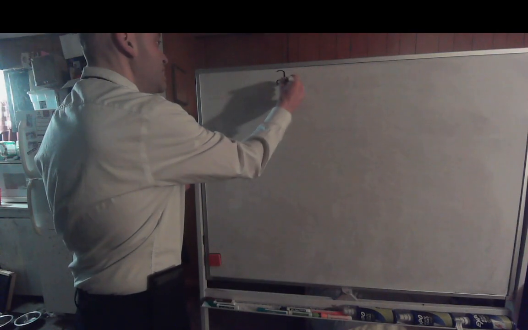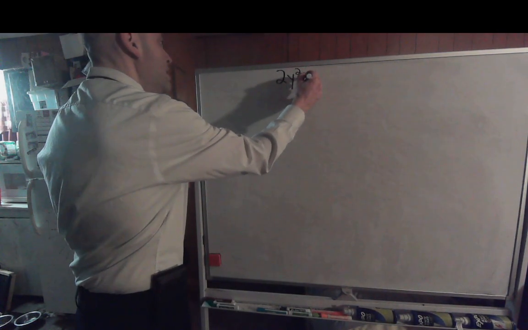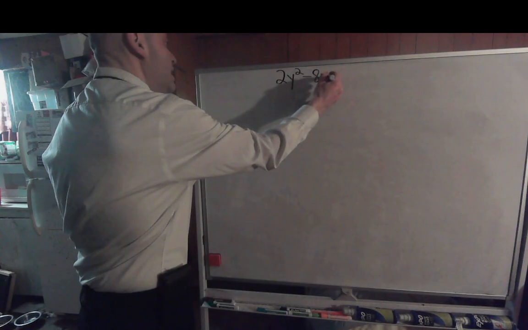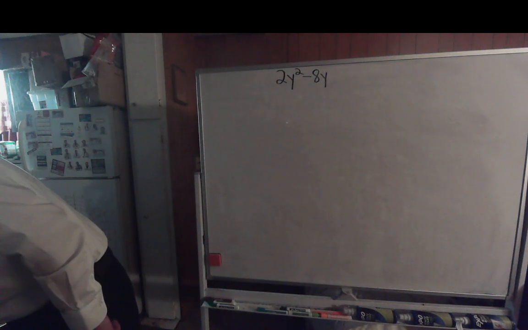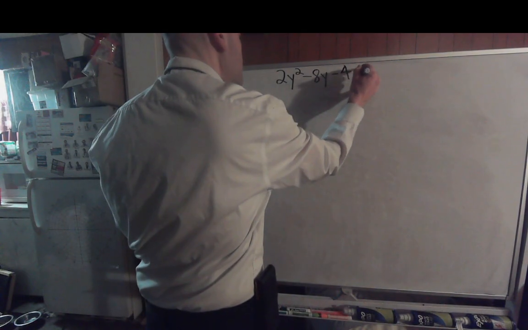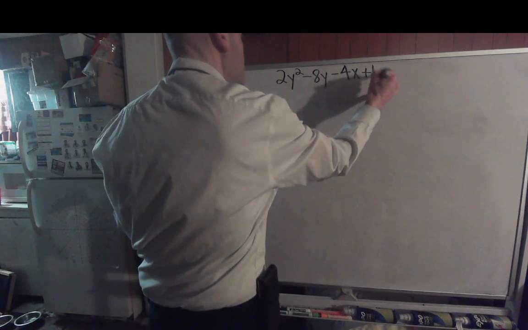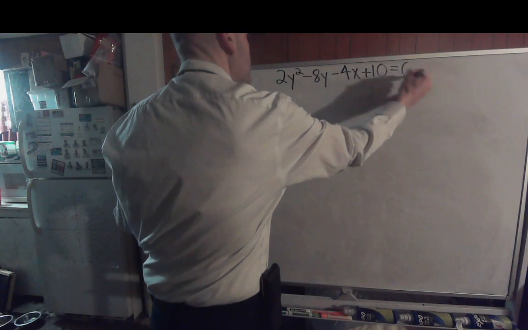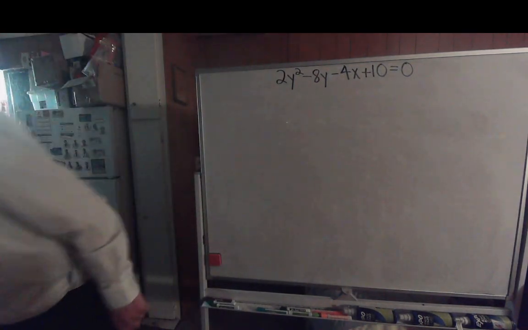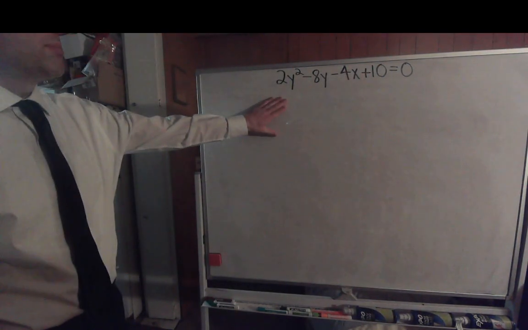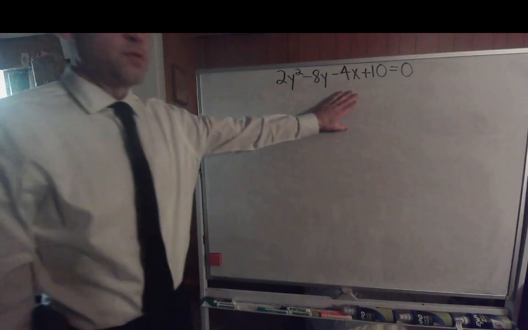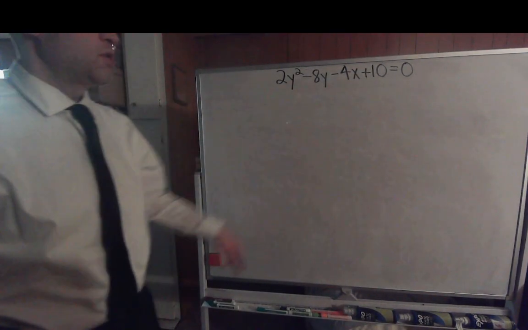We have 2y squared minus 8y minus 4x plus 10 equals 0.